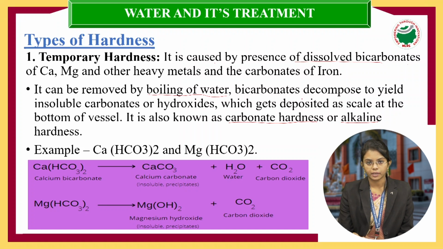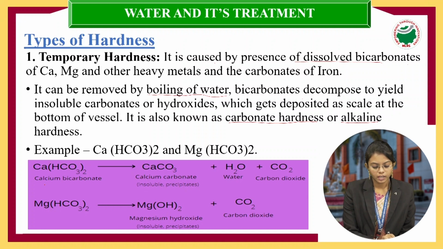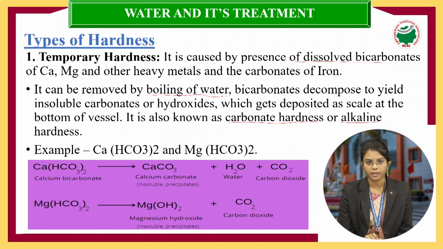These bicarbonates decompose to yield insoluble carbonates or hydroxides, which get deposited as scale at the bottom of the vessel. For example, calcium bicarbonate will give rise to calcium carbonate, water and carbon dioxide. The same we can do for magnesium. This is the temporary hardness.